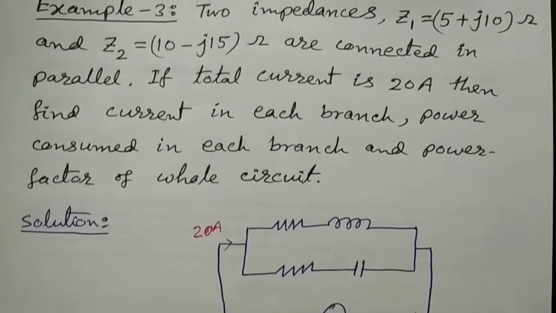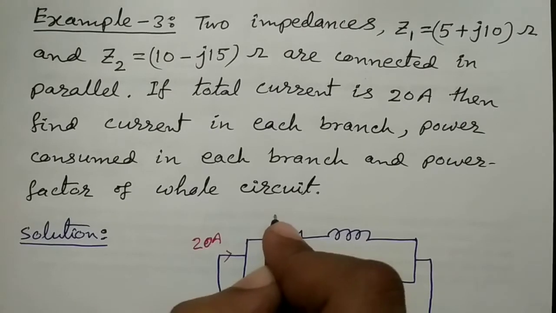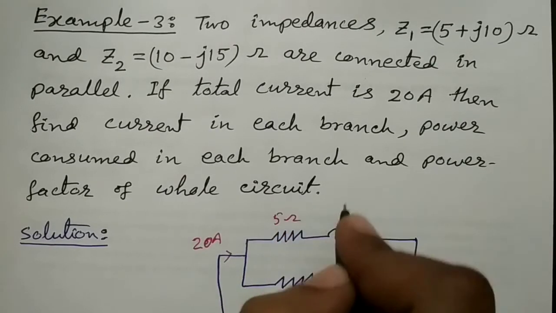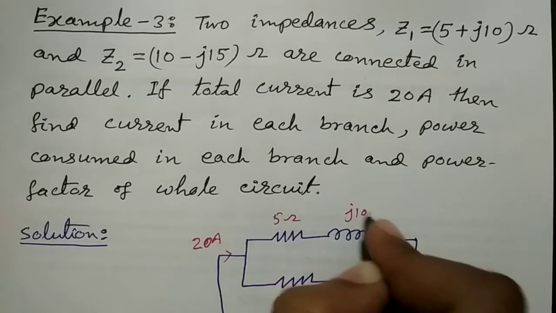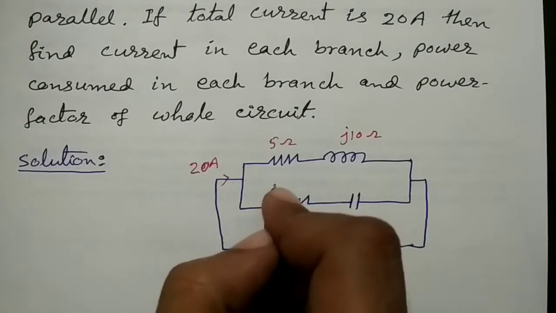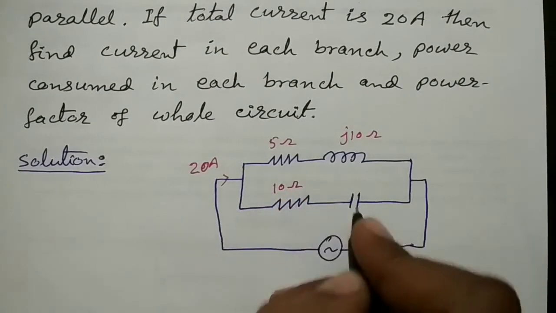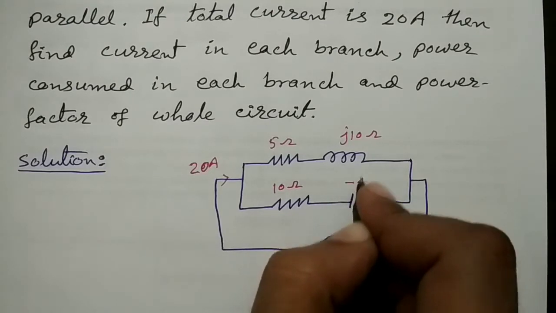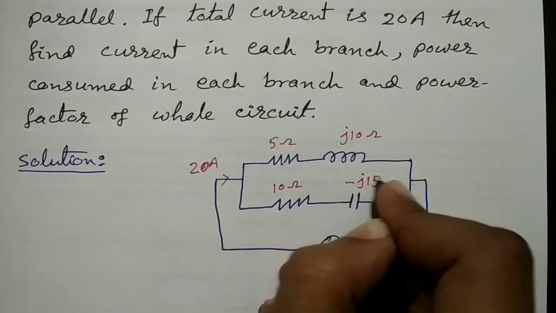In the first branch, the resistance is 5 and the inductive reactance is 10. And in the second branch, the resistance is 10 and the capacitive reactance is minus J15 ohms.